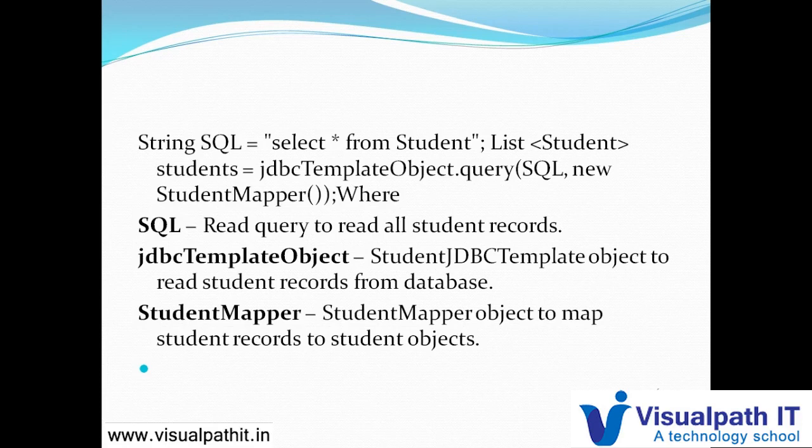A new student mapper is wrapped within the JDBC template object, and that will be initialized to this students list. SQL here is the query to read all student records. The JDBC template object here is to read student records from the database. The student mapper object maps the student records to the student object.